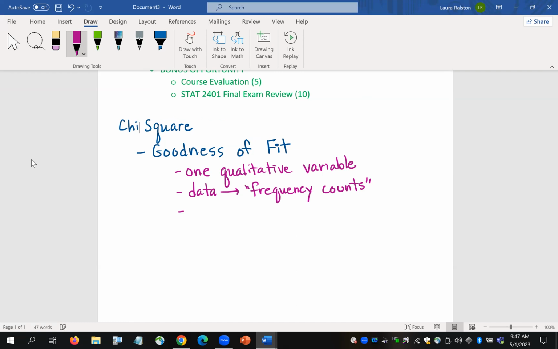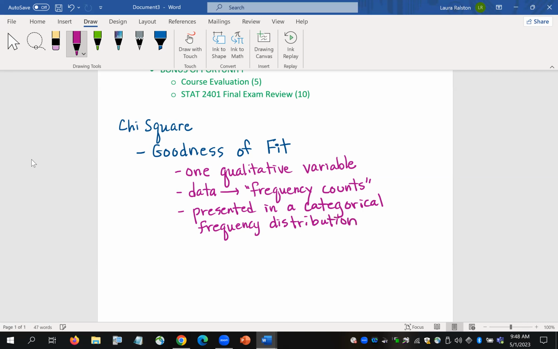So the data itself is normally presented in a categorical frequency distribution.